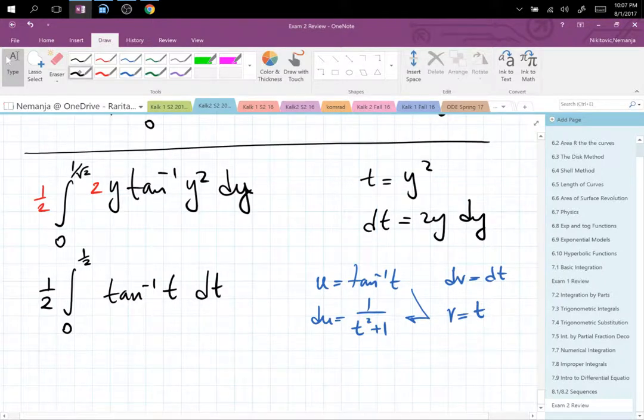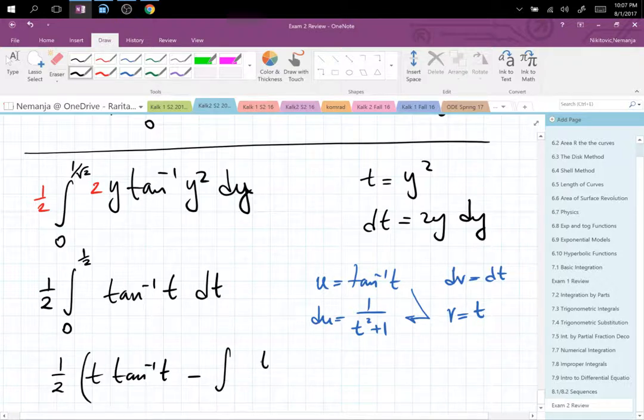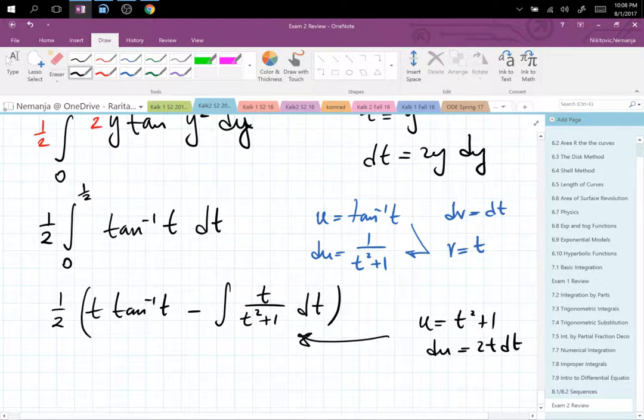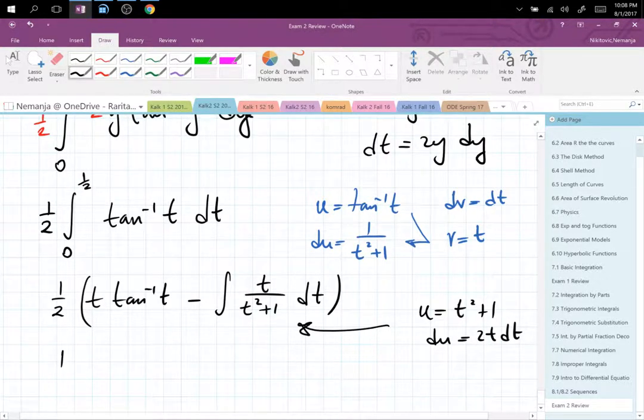Once we plug everything in, you get t times tangent inverse of t minus the integral of t over t squared plus 1 dt, and this integral is a u substitution. U equals t squared plus 1, du equals 2t dt. From there it should be hopefully easy. It's a cool question. I need a 2 and another half, so that's going to be a quarter now.